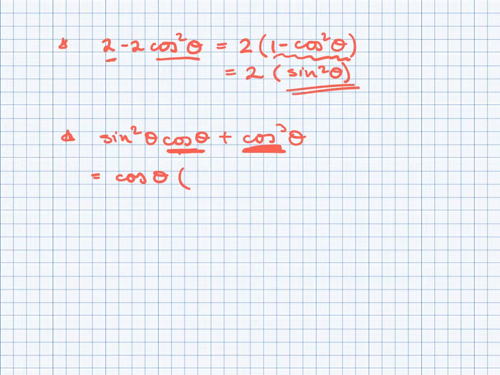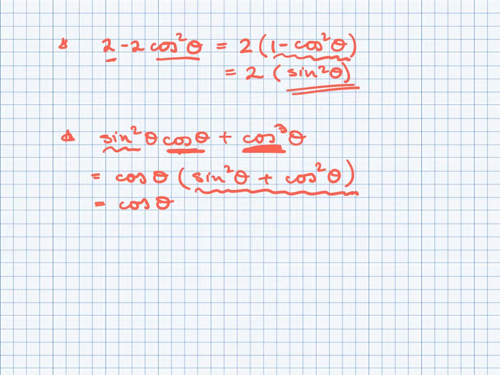Here we are left with sin to the power of 2 theta plus, we took 1 out from here, so we are left with cos to the power of 2 theta. Can we simplify this even further? Sine to the power of 2 theta plus cosine to the power of 2 theta can be replaced by 1, so it's going to be times 1. And our answer is cosine theta. Pretty much as simple as that.